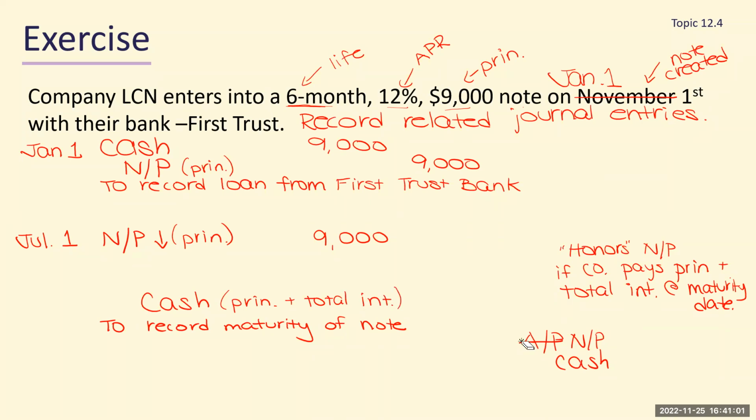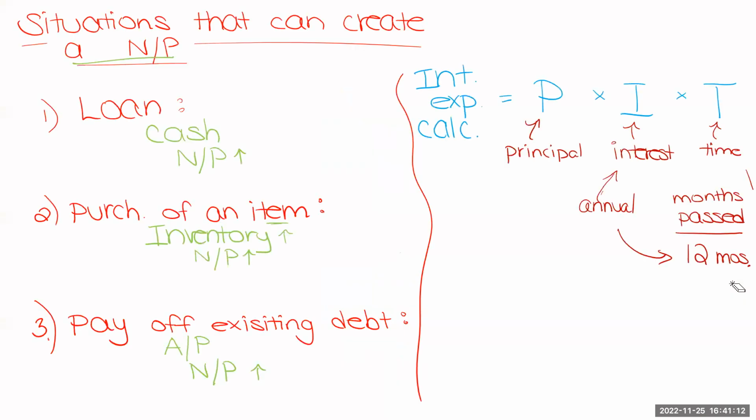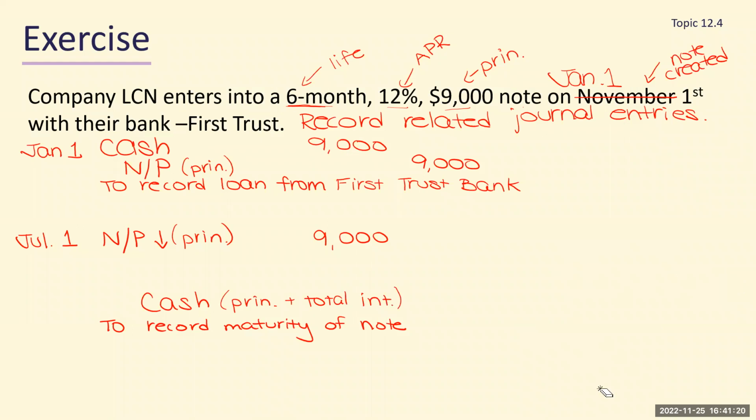To figure out total interest, we're going to use that formula I gave you in the last video. That formula was PIT. Principal is 9,000, interest 12%. 6 months have passed.